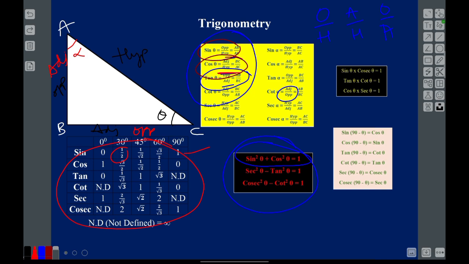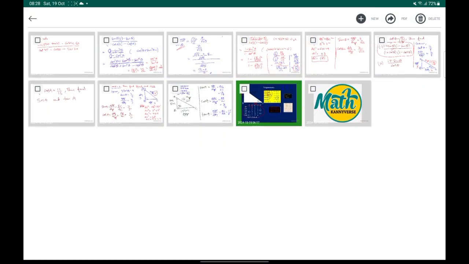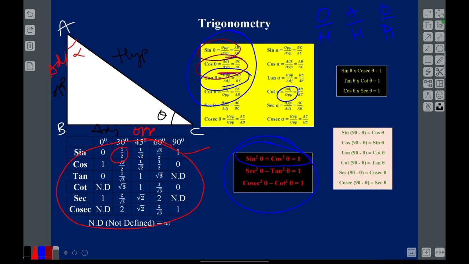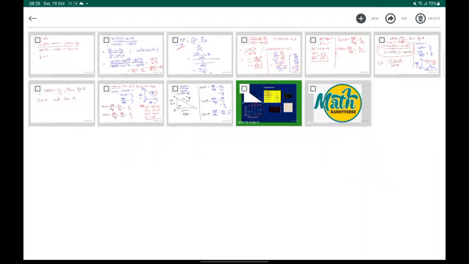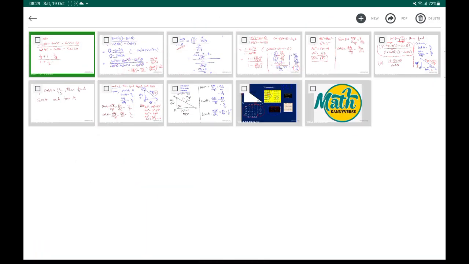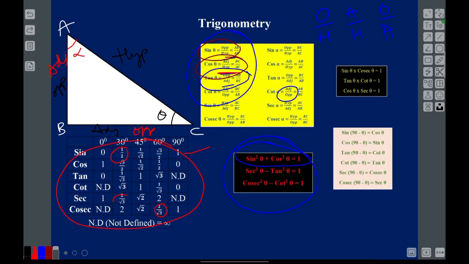sine 30 is 1 by 2, so substitute 1 by 2 plus tan 45, from the table it is 1, and cosec 60, which is 2 by root 3, cot 45 is 1, cos 60 is 1 by 2, and secant 30, which is 2 by root 3.